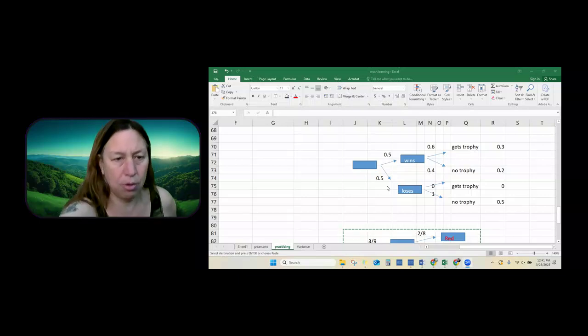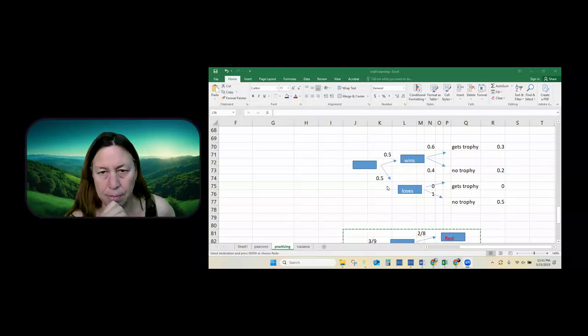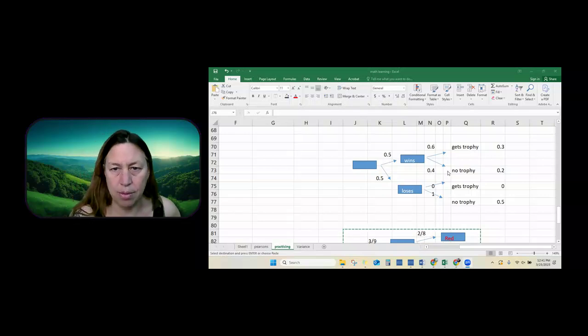All of the possible outcomes always add up to 1, right? So she wins. Then she's got a 60% chance of getting the trophy and a 40% chance of not getting the trophy. The complement of 0.6 here is going to be 0.4. Okay, it's either A or B. She's either going to get the trophy or not get the trophy.